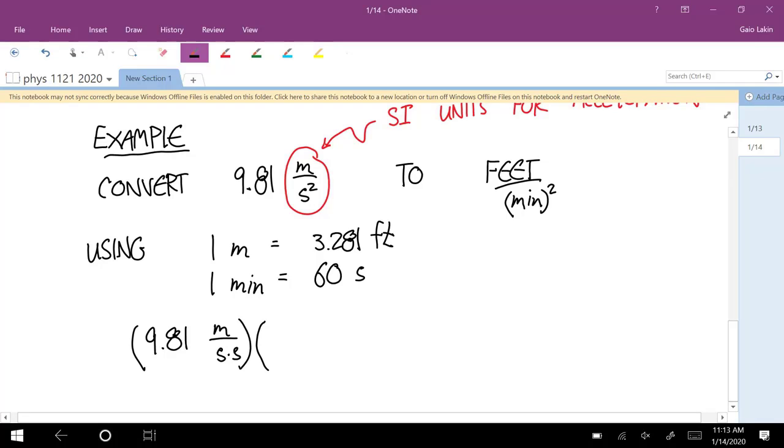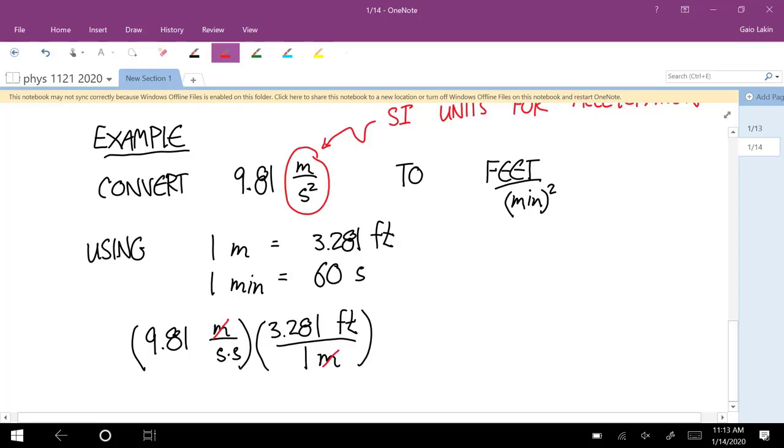So I'm going to multiply this by 3.281 feet over 1 meter. Okay. And if we just keep up with what we're canceling, now we don't have units of length in meters, we have it in feet.